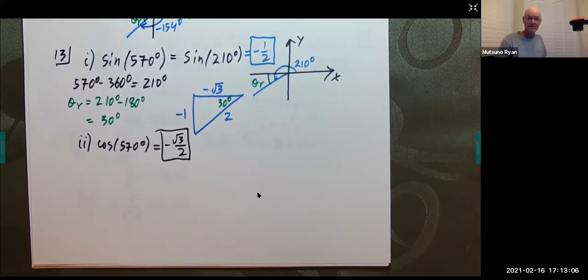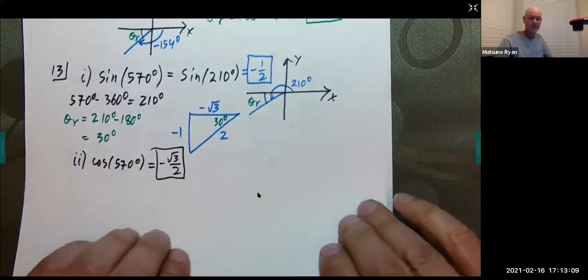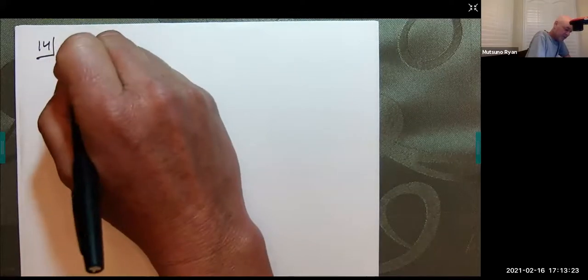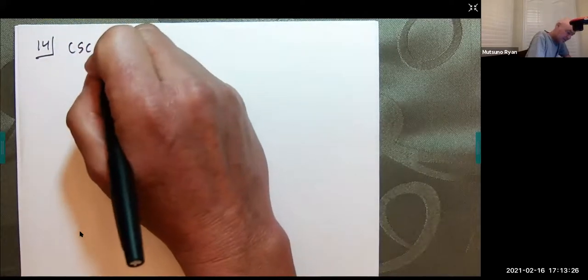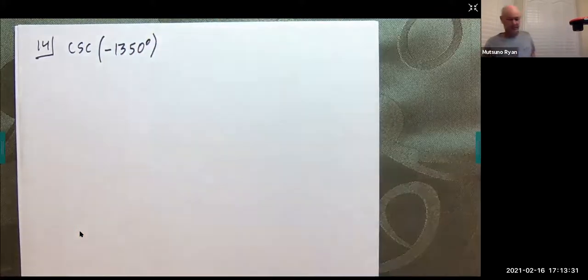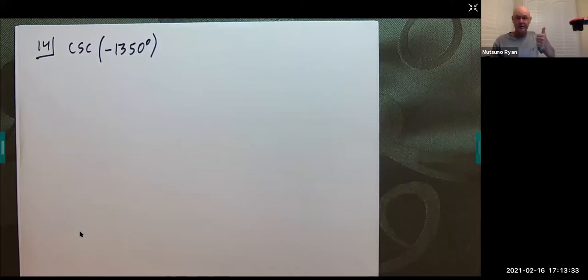To number 14. I'm going to get a new page. This is going to be cosecant, which is 1/sine of -1350 degrees. So again, we're going to have to get the coterminal between 0 and 360, and then we need to find the reference angle, if that applies, which this one it may not.